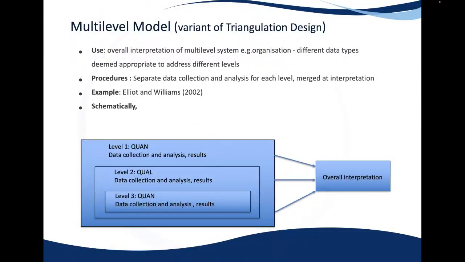Then another variant of triangulation design is what we call a multi-level model, where in actual fact, all the data analysis and data collection is happening at the same time, but it's happening at different levels. So if, say, for example, you wanted to understand a particular phenomenon, but at one level of the phenomenon, you could understand it quantitatively.